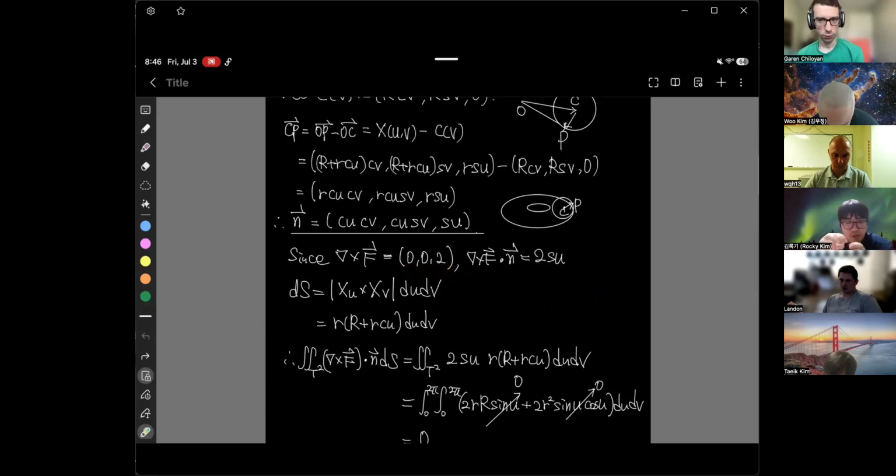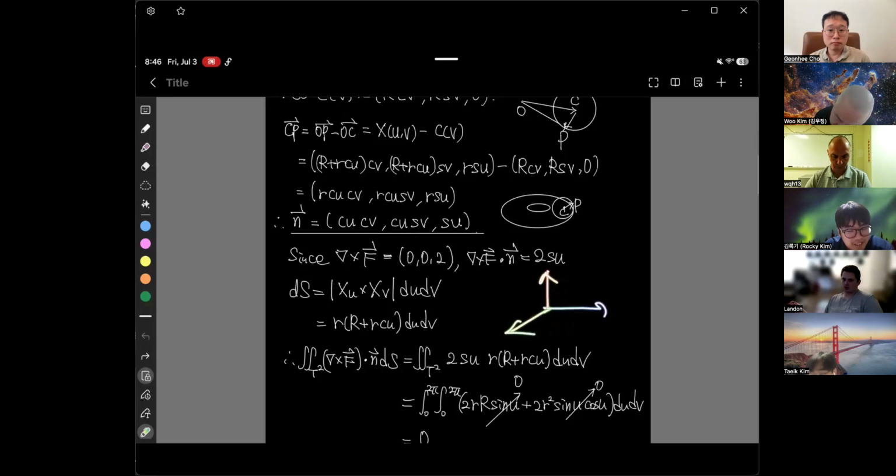Can you draw the F? I cannot imagine where F is. This vector field is a rotation, like counterclockwise.